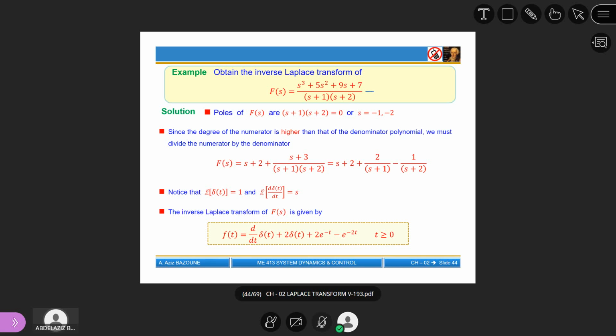You define your numerator, you define your denominator, and then you use deconvolution. Last time we used deconvolution, and we will find the expression here.